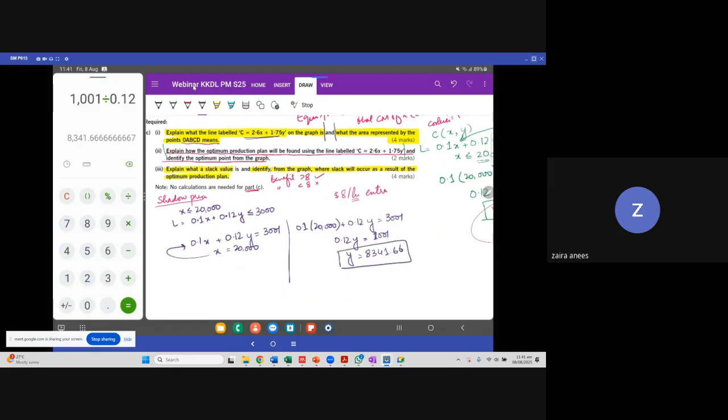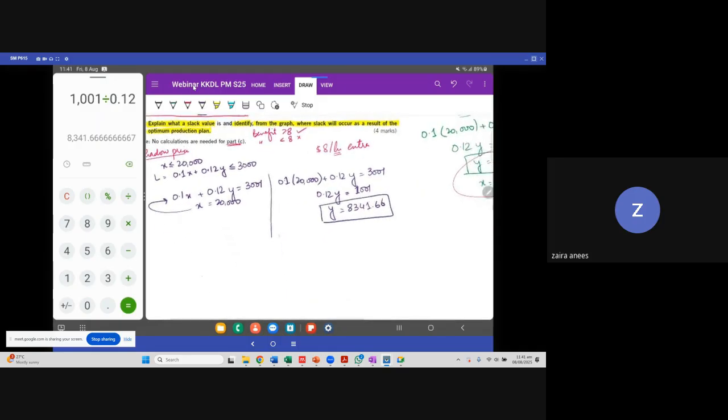Okay. So at the new point, what is the value of X? X is 20,000. Y is 8,341.6. And what was the original version? The older version was X was 20,000 and Y was 8,333.3.